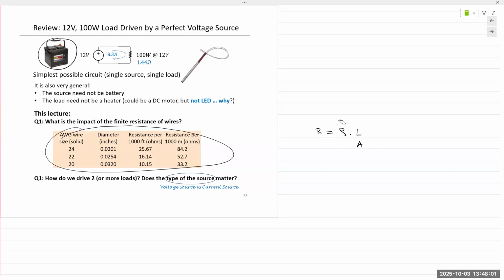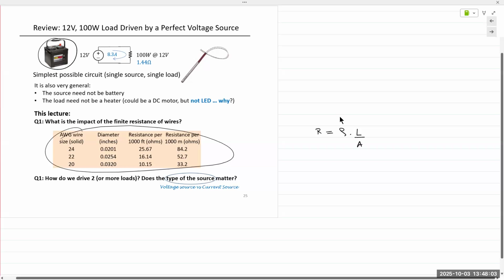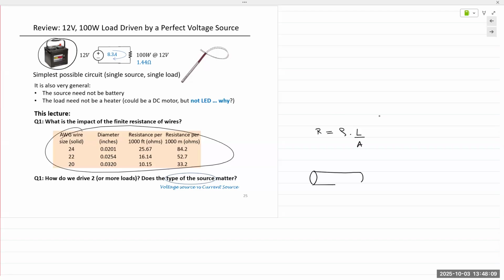So if you have a piece of material or a wire, we take the cross-sectional area of the wire, that is A. This is the length. The Greek letter rho defines the resistivity of the material of that wire.